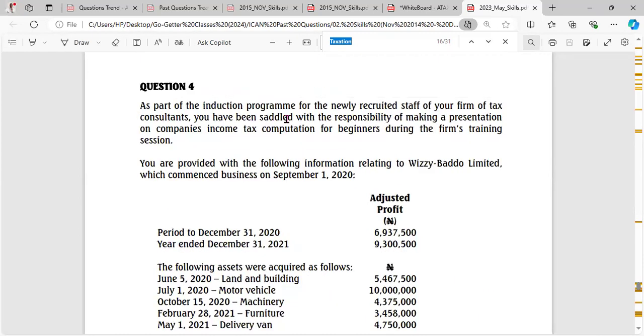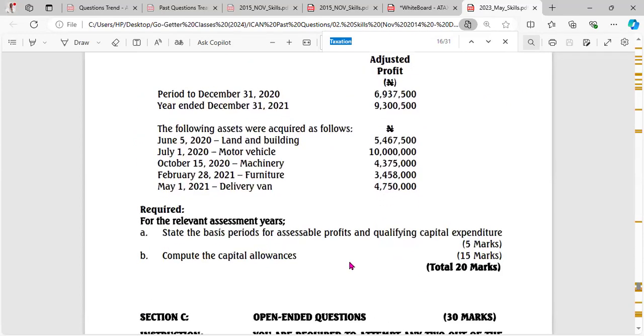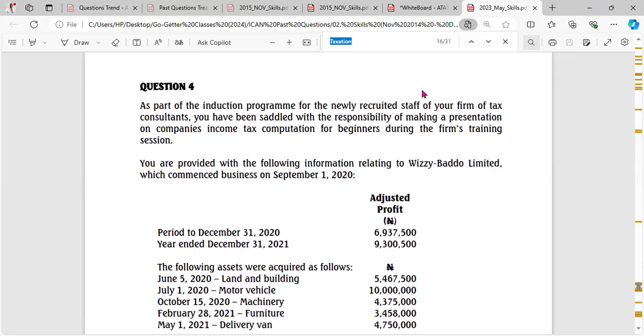Question number 4. Let's see whether we can do something here. This is a 20 marks question. Compute the capital allowances. All right, so let's do this as the final question for today.